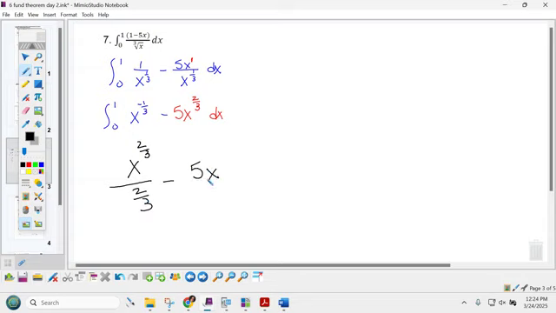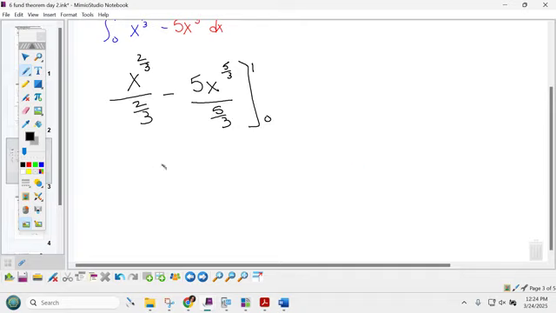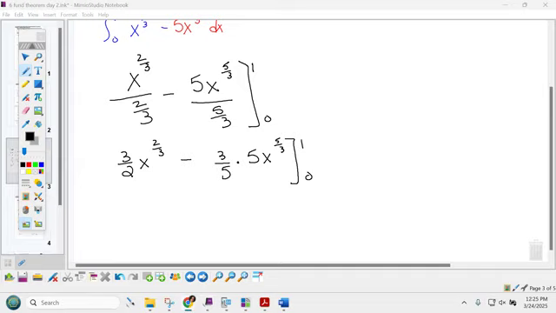Coefficient carries down. Add 1 to the exponent divided by the new exponent. Okay, let's fix up all these dividing by fractions. Let's multiply by the reciprocal. And then let's simplify. 5 reduces with 5.